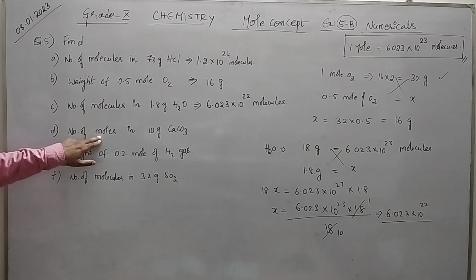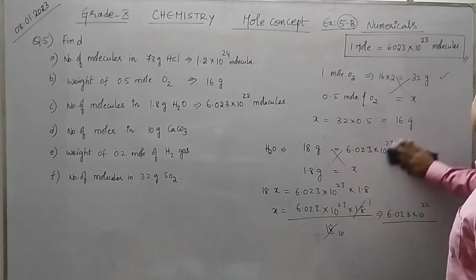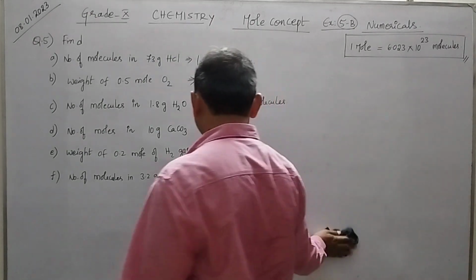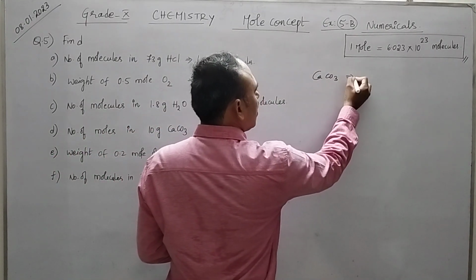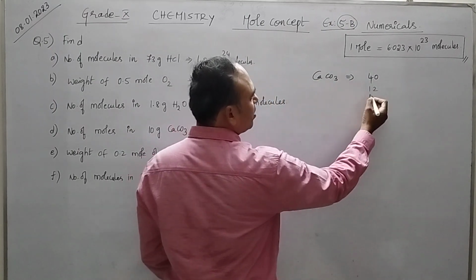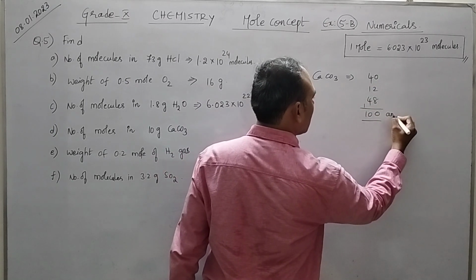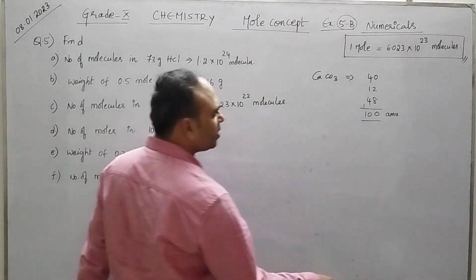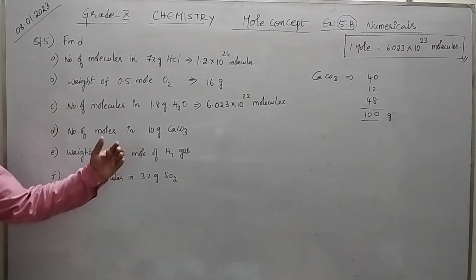Similarly, how to calculate the number of moles in 10 grams of calcium carbonate. For that you should know what the calculation is for 1 mole. Calcium atomic mass 40, carbon 12, O3 is 48. So we get the molecular mass of calcium carbonate as 100. So the gram molecular mass will be 100 grams.